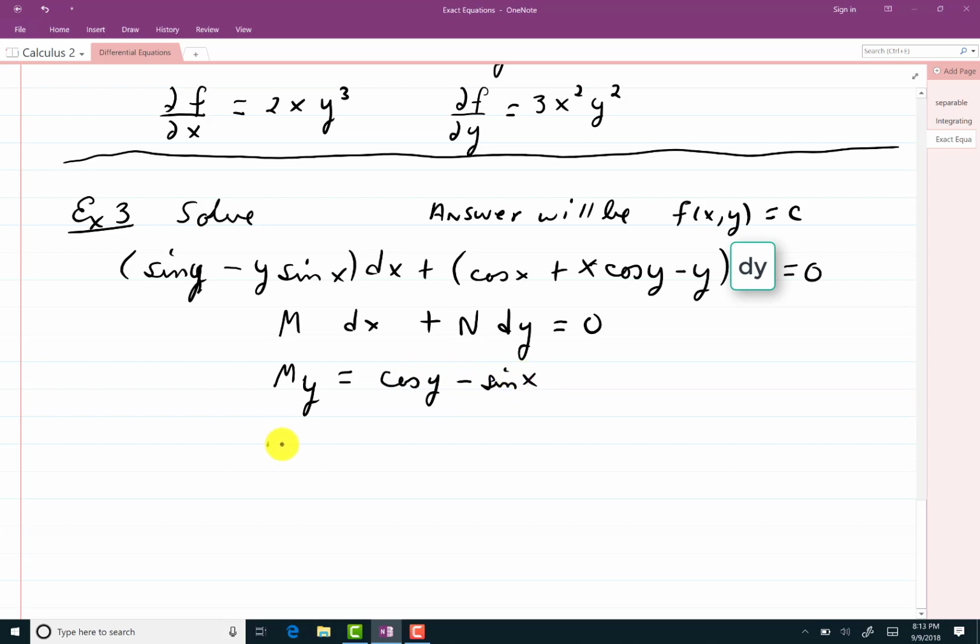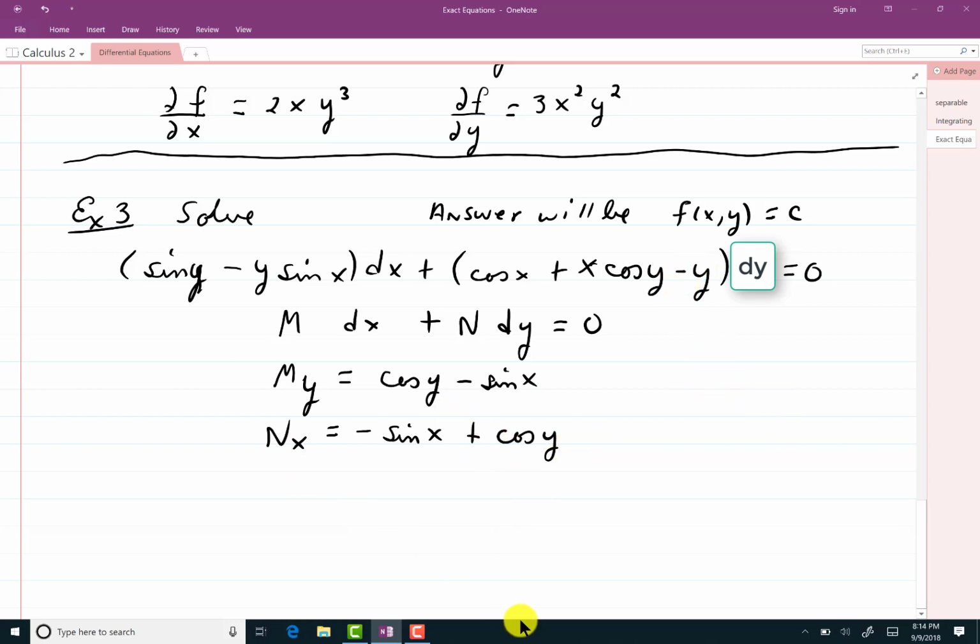Now I'll do the same thing for N, but I'm going to take the derivative with respect to x. So that way I'll get a negative sine of x plus 1 times cosine of y, and the derivative of y with respect to x is 0.